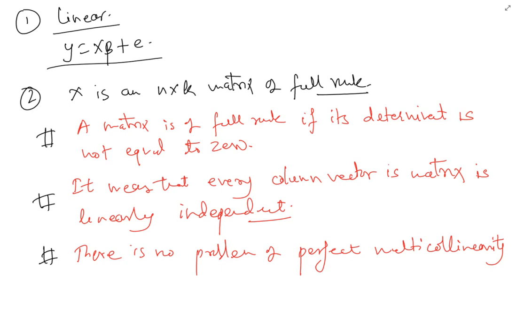It means that every column vector of the matrix is linearly independent, meaning every column is unique. And the last is there is no problem of perfect multicollinearity. If the matrix is of full rank, then we can conclude that the equation is free from the problem of multicollinearity.